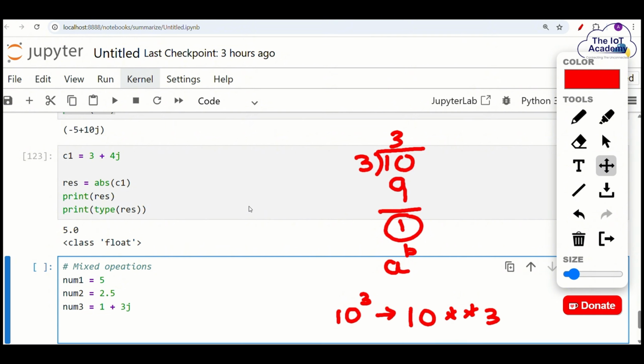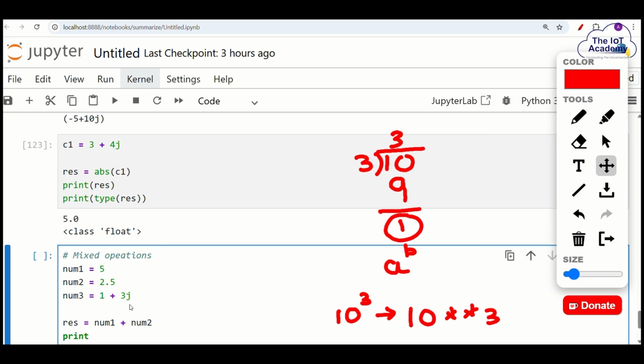Now, let's say result equal to num1 plus num2. So if you do that, my question is, what happened over here?